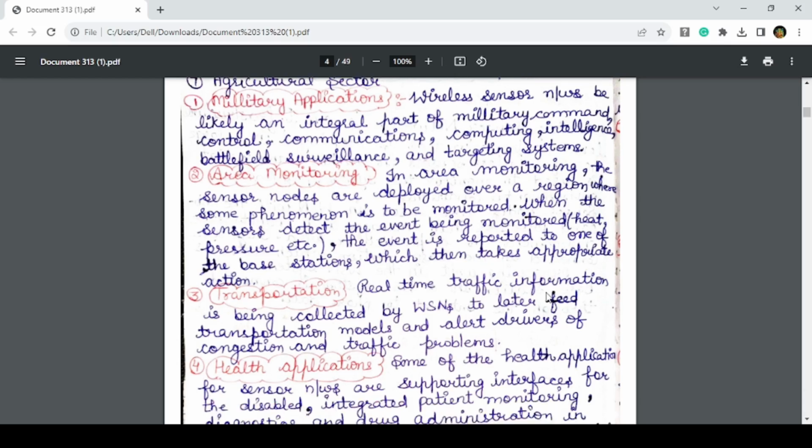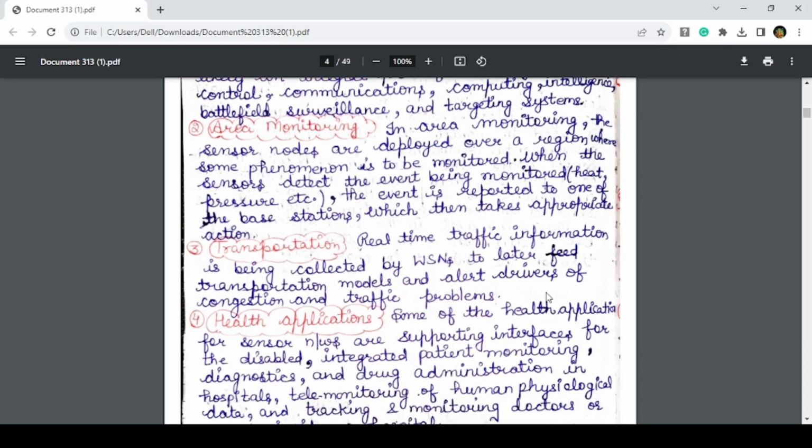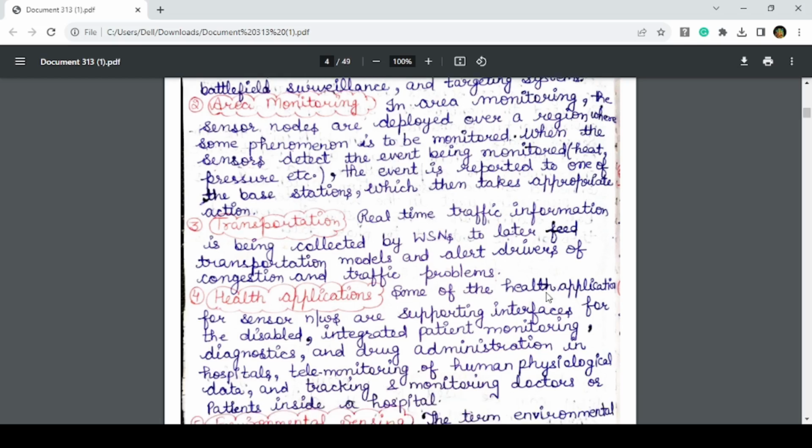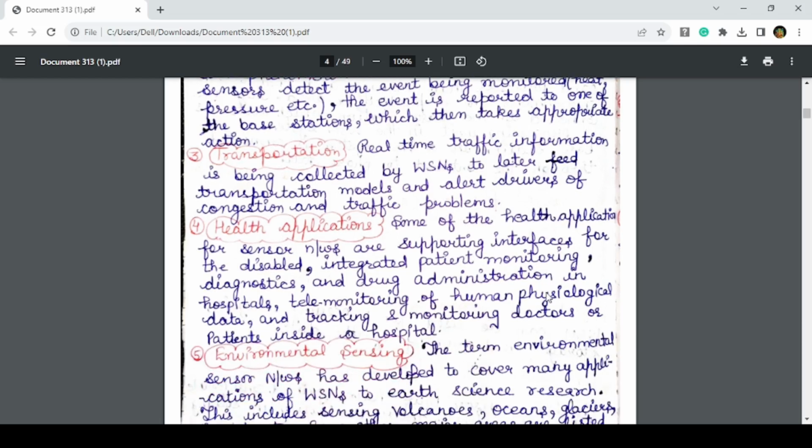Third is transportation. Real-time traffic information is collected by wireless sensor networks to later feed the transportation models and to alert the drivers of congestion and traffic problems. Health applications. Some health applications use sensor networks.